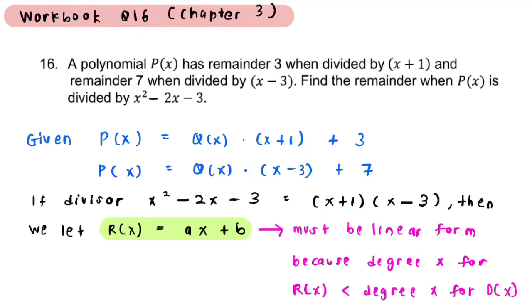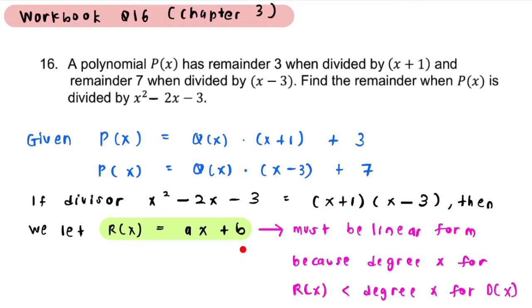And then we have to let the remainder, when your divisor is quadratic, be a linear equation. Why? Because the power of x for the remainder must be less than the power of x for the divisor. So when your divisor has x to the power of 2 as the highest degree, the remainder should be less than that, so either linear or constant.